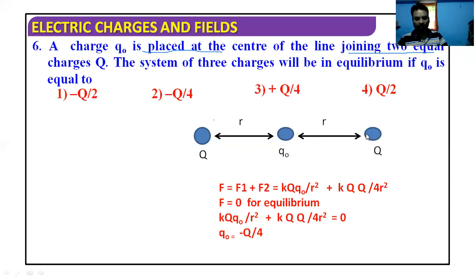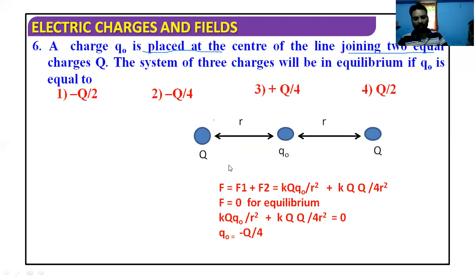By Coulomb's law, I can find the force between these two charges, and also between these two charges. If the sum of those forces is taken equal to 0, that will give me the equilibrium. So the system of three charges will be in equilibrium if the net force on either the left or right charge due to the rest of the charges is equal to 0.